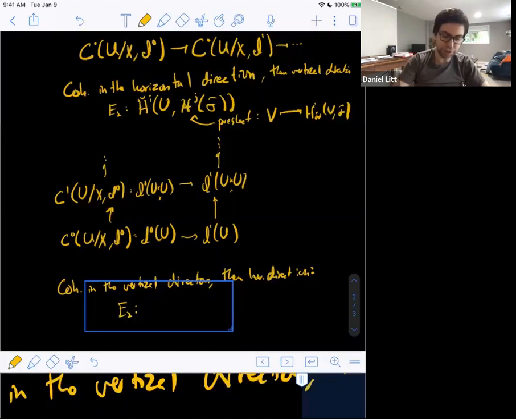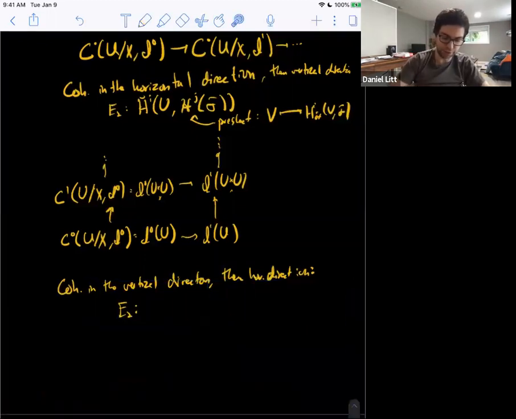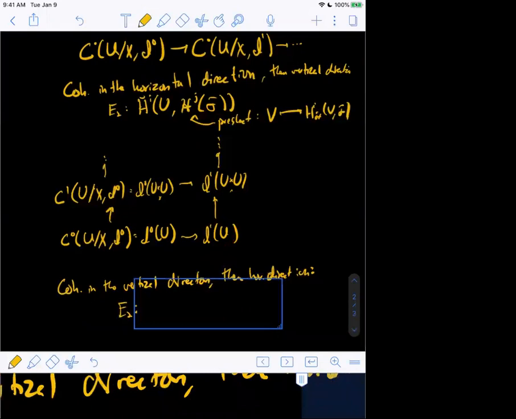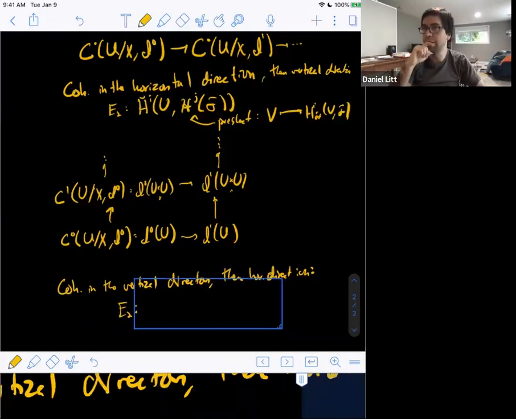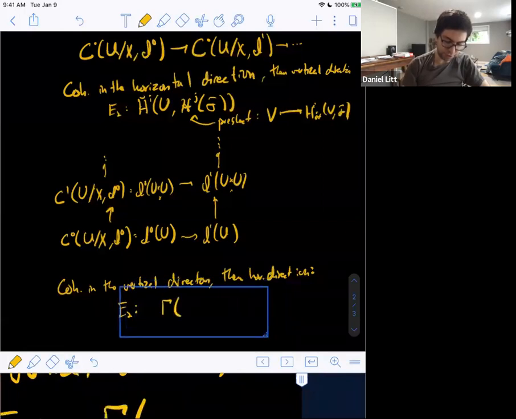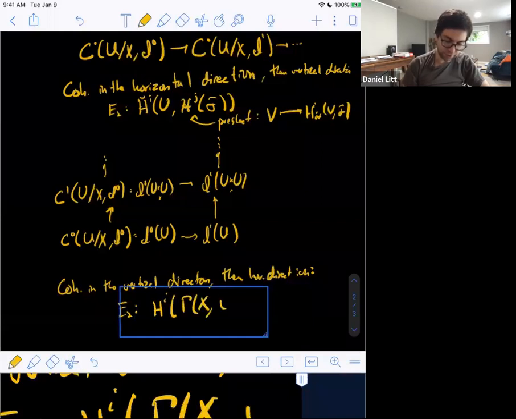So the vertical directions are just the Čech complexes of these injective sheaves, right? Can anyone tell me what the cohomology of this vertical complex is? It's 0 away from the bottom row, right? So what is it in the bottom row? Global sections. Yeah, exactly. So on the E2 page it's the cohomology of the global sections of I^i.